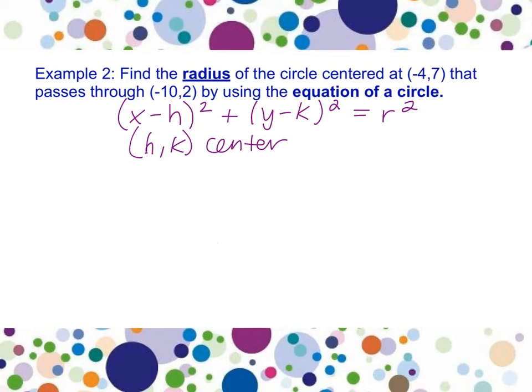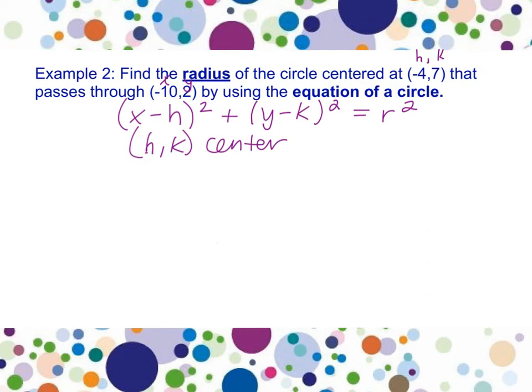So when we look at our center in the problem, we're given h and k, and we're also given an x and a y value. So we could just plug those into our equation and leave r squared by itself. We could simplify this entire side of the equation and it should be equal to r squared. All right, so let's do that.